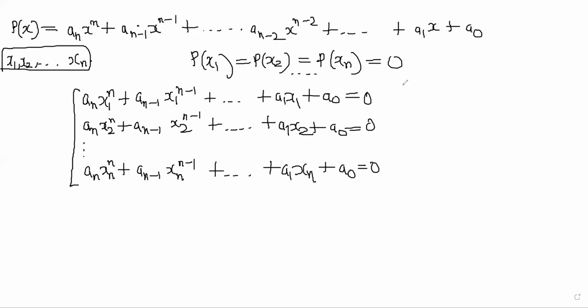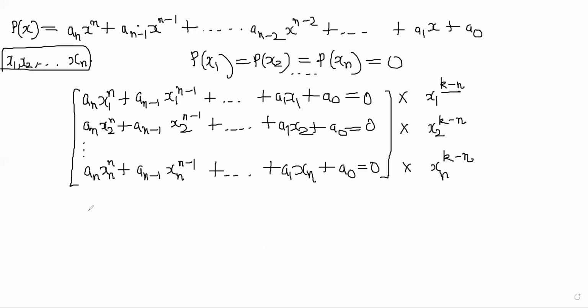We get these equations. What you have to do now is multiply every equation by the corresponding root to the power k minus n, right? So when you multiply by k minus n power, this power becomes k, no?